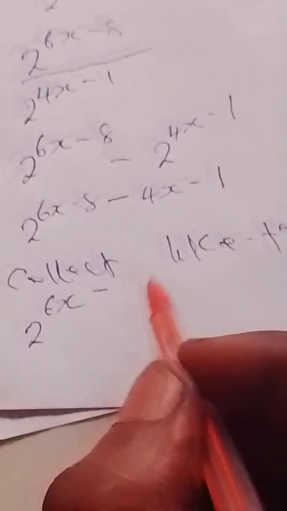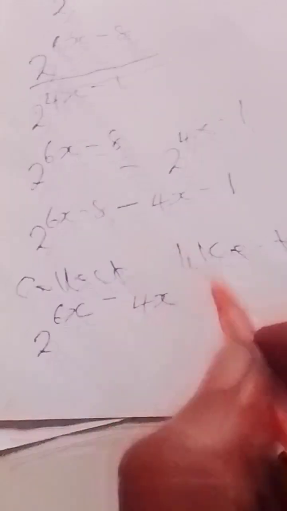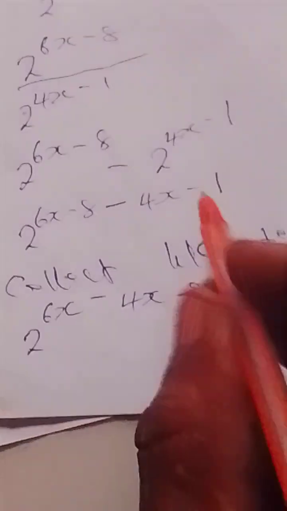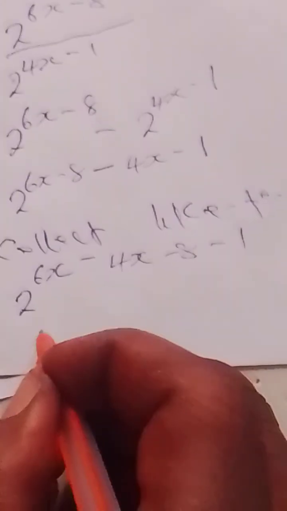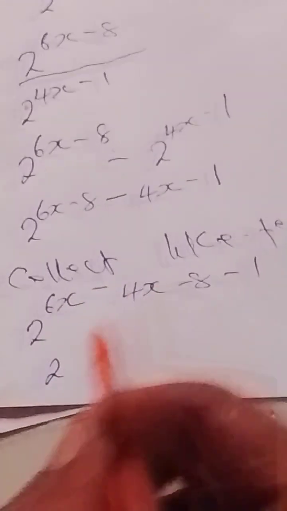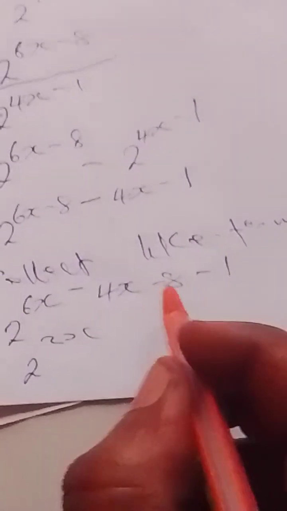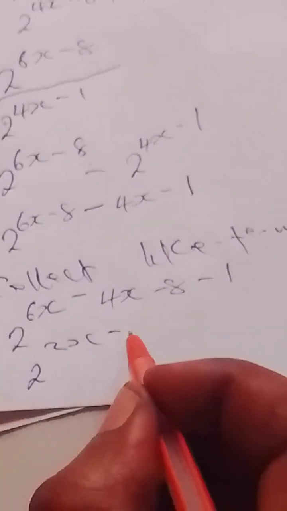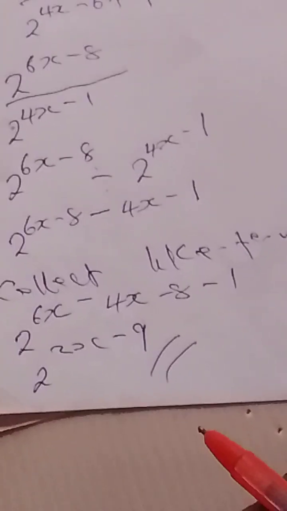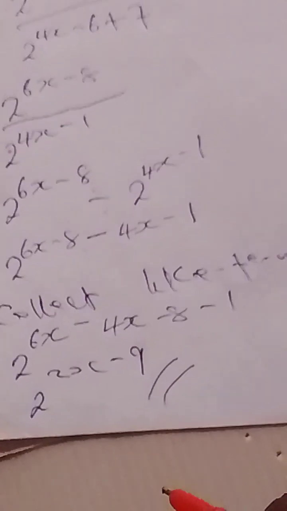So 2 raised power 6x minus 4x, then minus 8, then minus 1. 2 raised power 6x minus 4x is 2x. Then minus 8 minus 1 is minus 9. This is our final answer. Thank you very much for giving me your time.